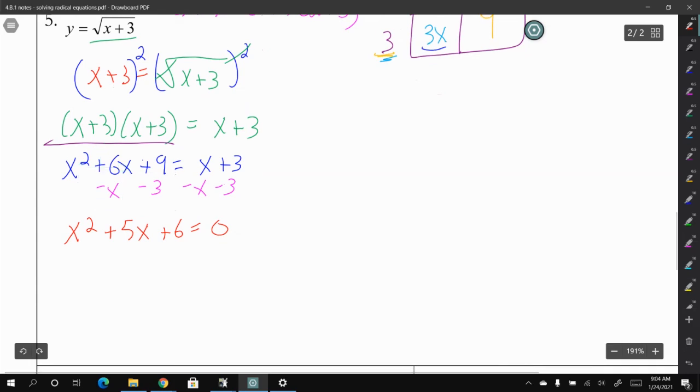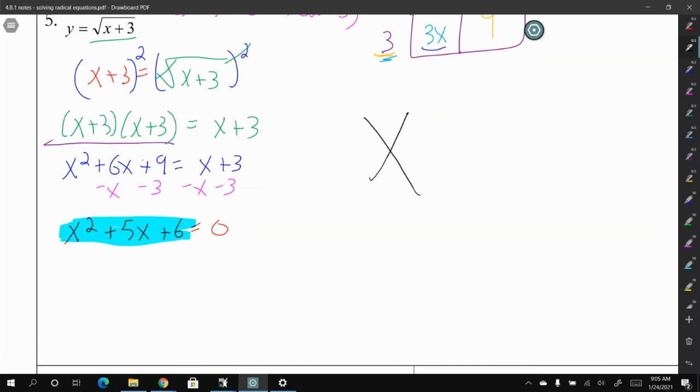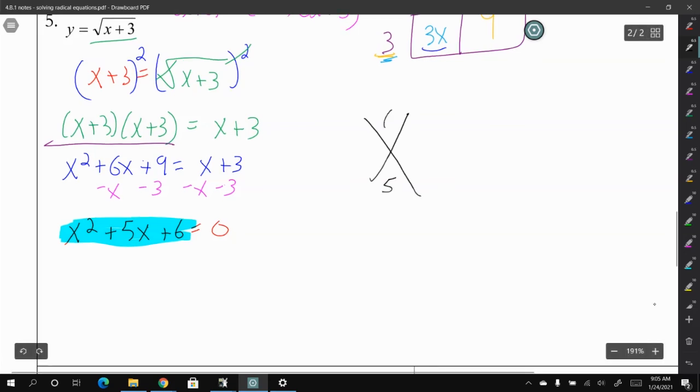And then we need to factor this. So if we do our x, okay, we need two numbers that multiply to 6 and add to 5. That is 3 and 2.